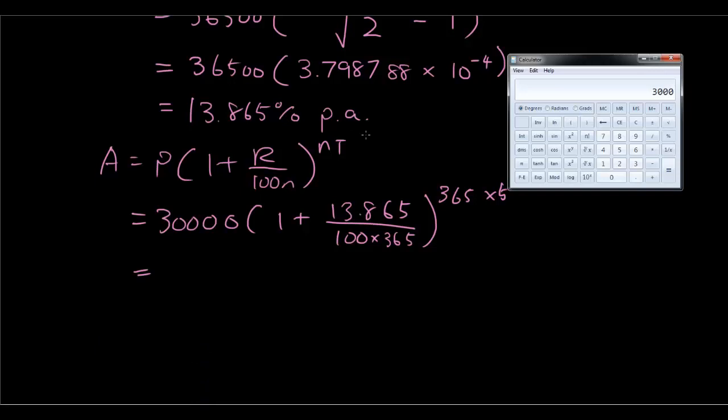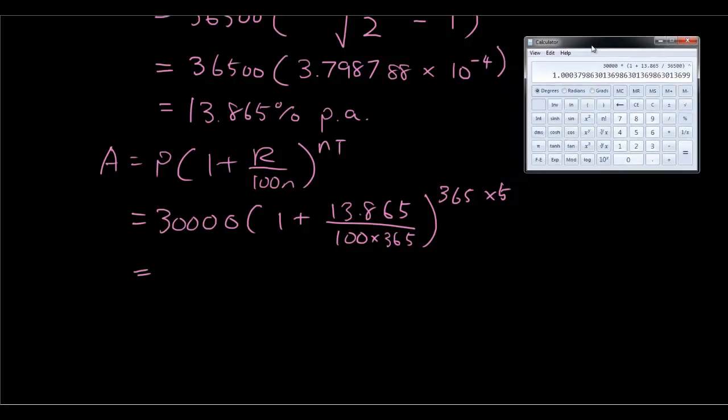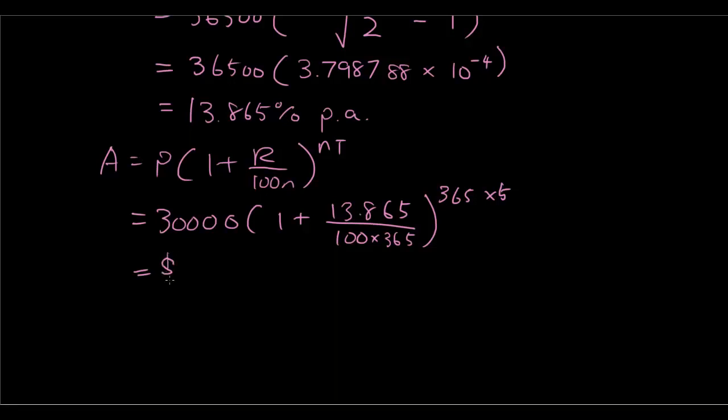So we have 30,000 times 1 plus 13.865 over 36500 to the power of 365 times 5. And 59998. That's pretty close.